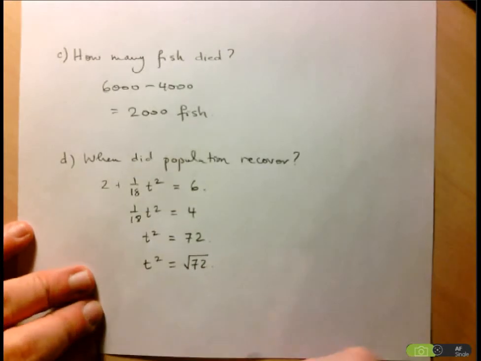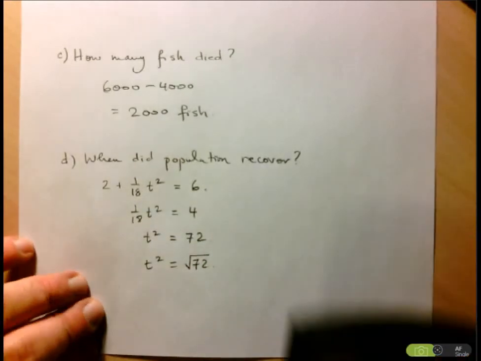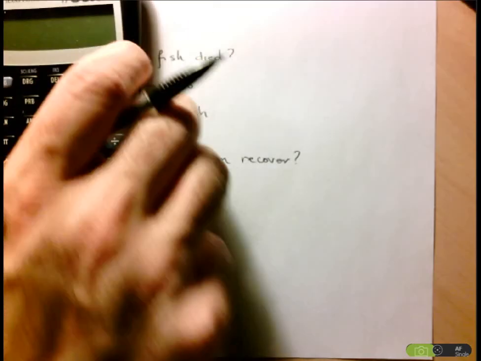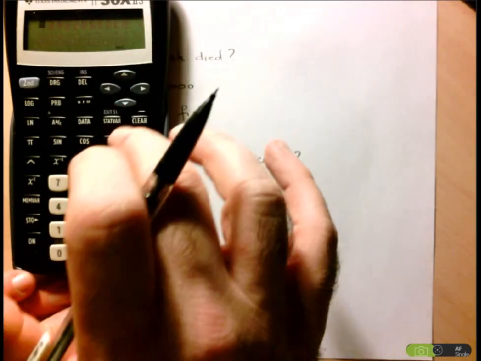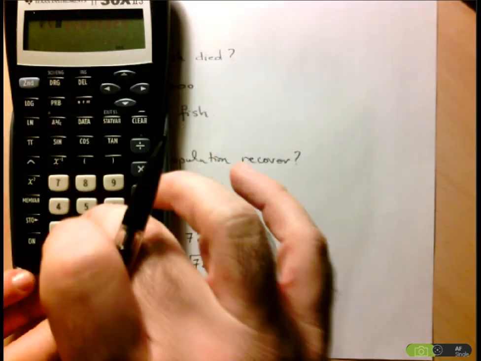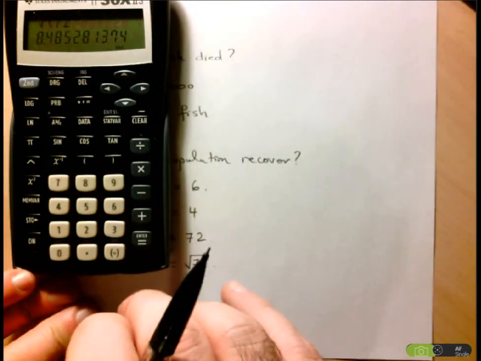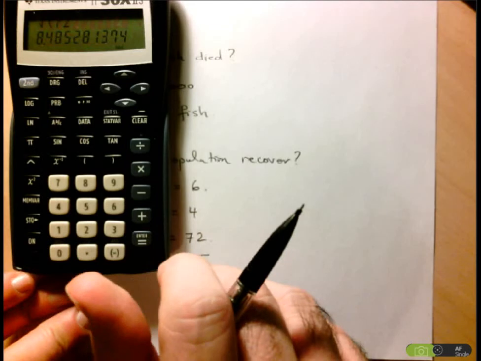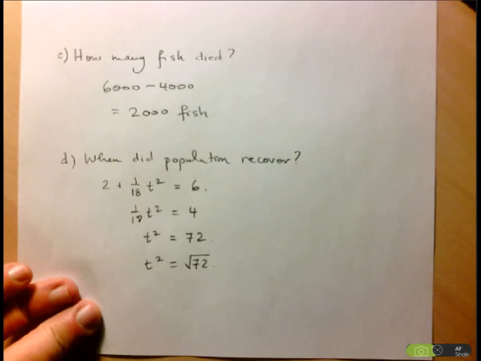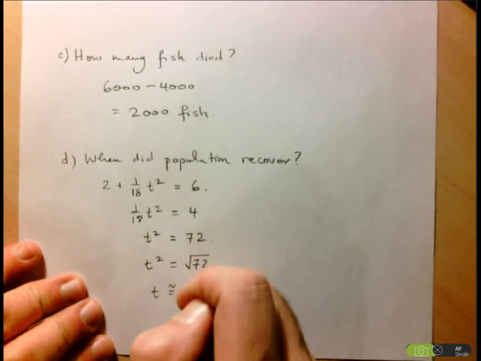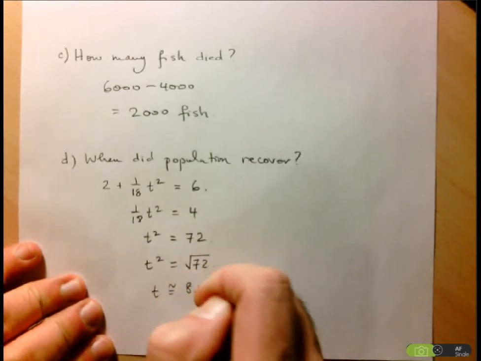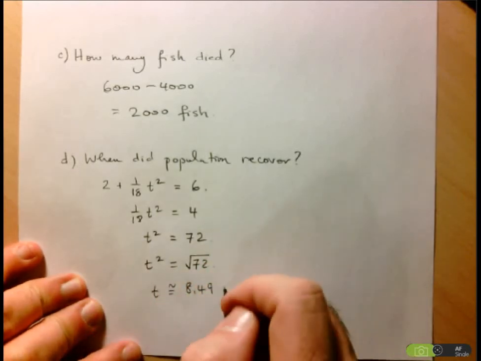Again, looks like it's not going to be exactly 8.5. Let's calculate what that is. So square root of 72 is equal to 8.49, so about as close to 8.5 as we can get. So t is approximately equal to 8.49 years.